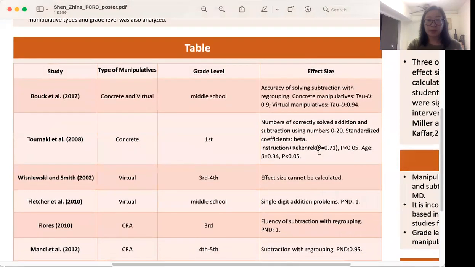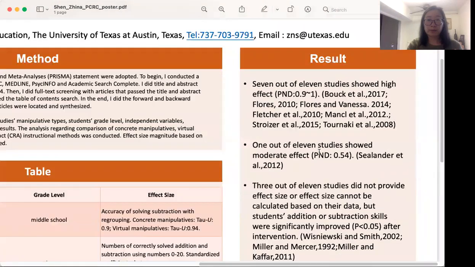Based on my analysis, I found that 7 out of 11 studies showed a high effect, but 1 out of 11 studies showed a moderate effect.